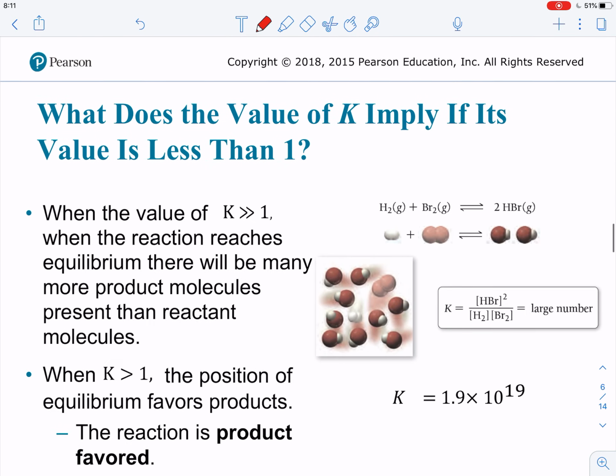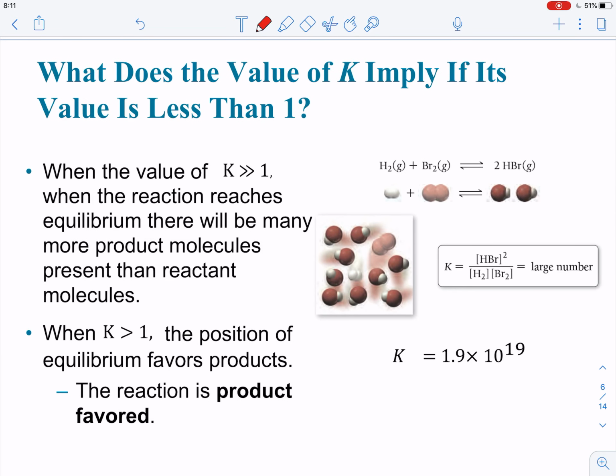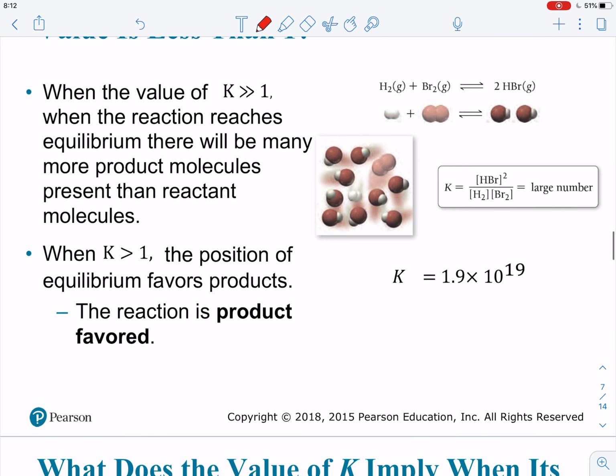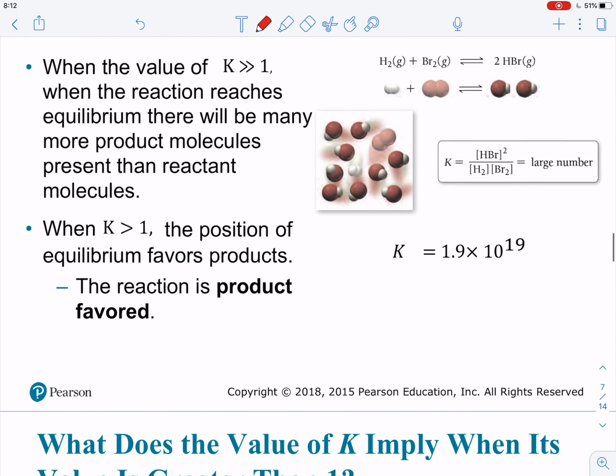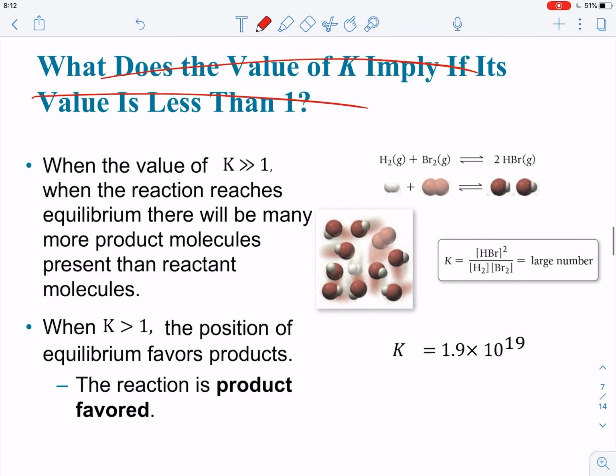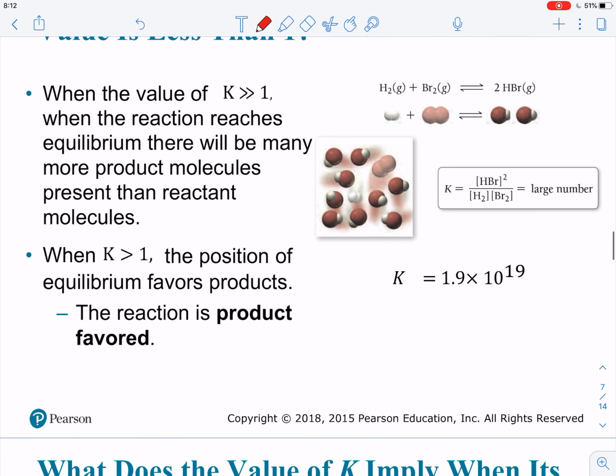So now, what does the value of K mean? Forget about this title here, it's in the wrong place. So what happens if the value of K is large?